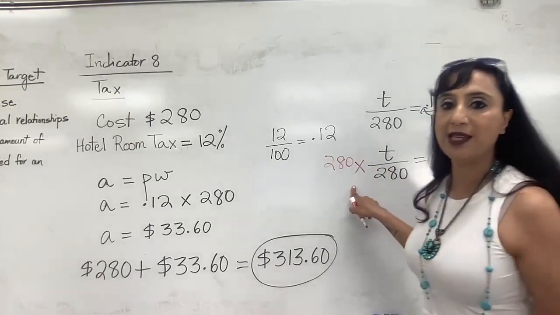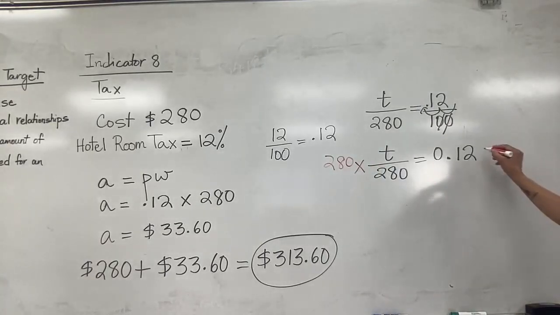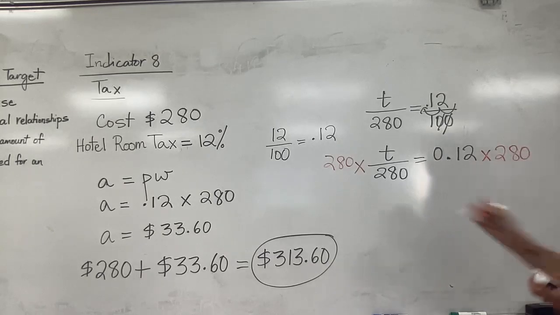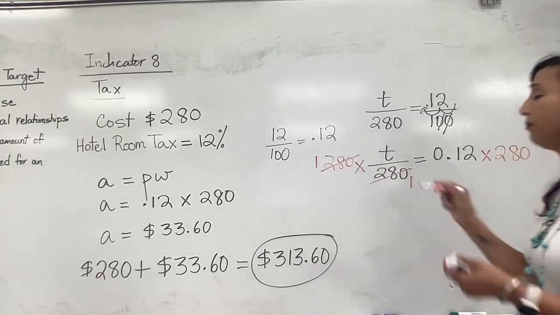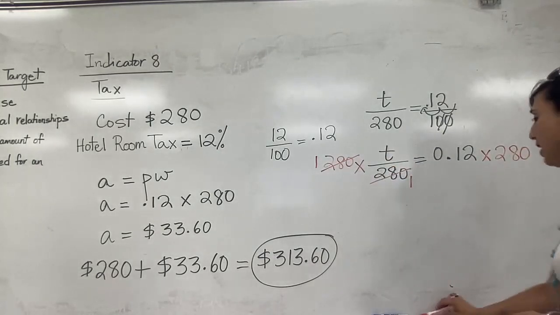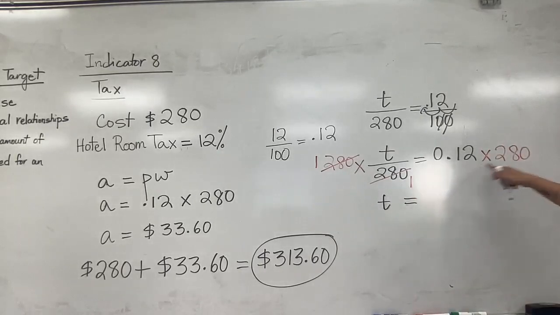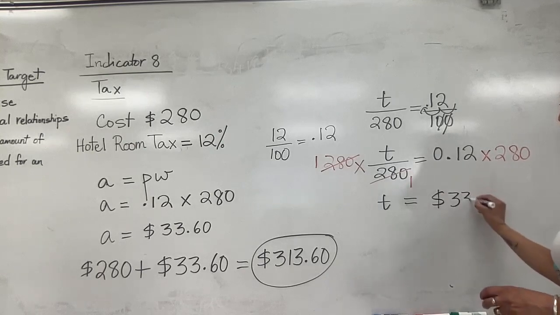Whatever I do to one side of the equation, I've got to do exactly the same thing on the other side. 280 divided by 280 gives me 1, and 1 times T is going to give me T. When I multiply these two like I had done earlier, you are going to simplify, and your tax is going to be 33.60.